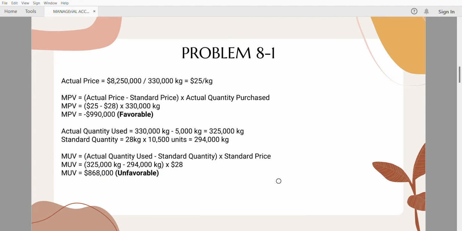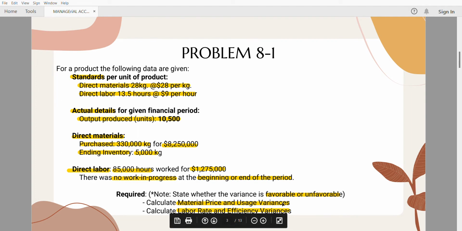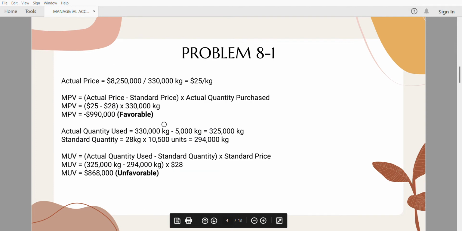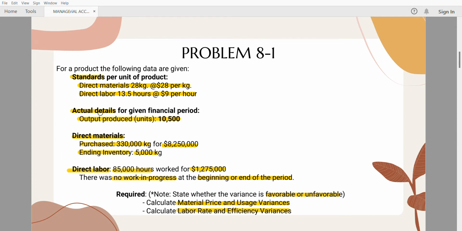Right here we have the calculation already for you. The first thing is we need to find the MPV. Before we start, we can see the formula. MPV is actual price minus standard price, times the actual quantity purchased. First of all, the actual price.